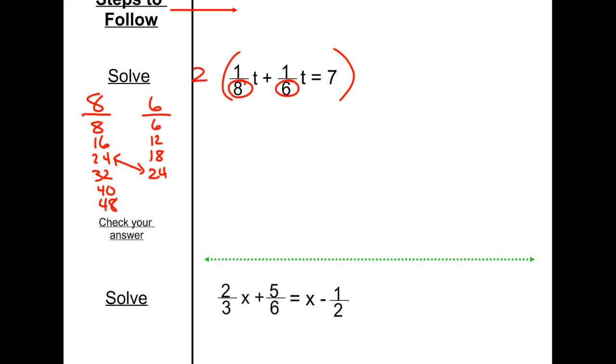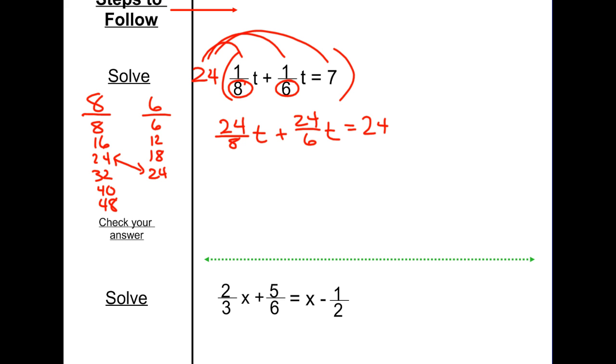So I need to multiply each piece by 24. Multiply those through to each of these. We'll end up with 24 over 8t plus 24 over 6t equals 24 times 7, which can end up being 24 divided by 8 is 3t plus 4t equals 24 times 7.